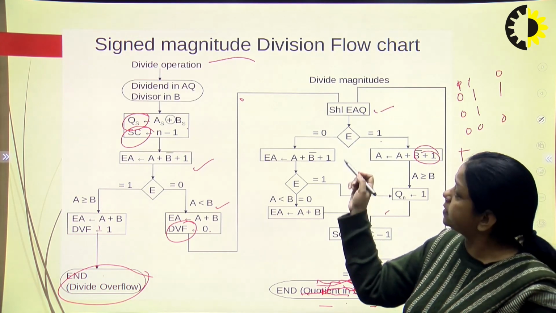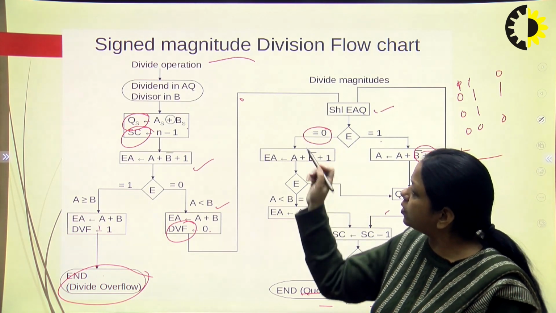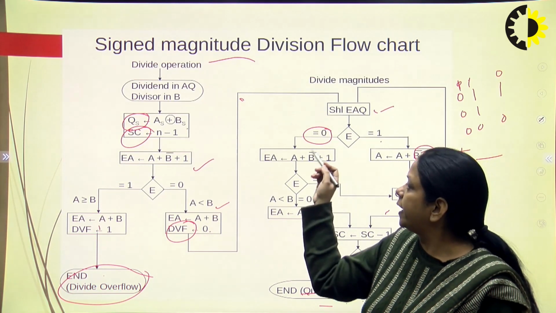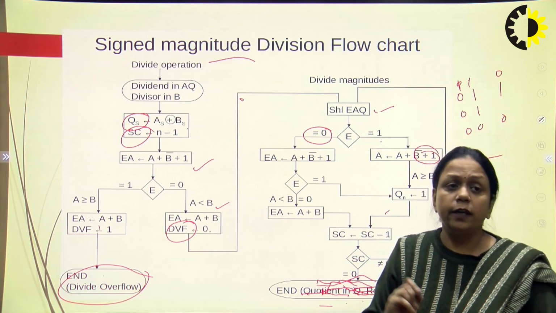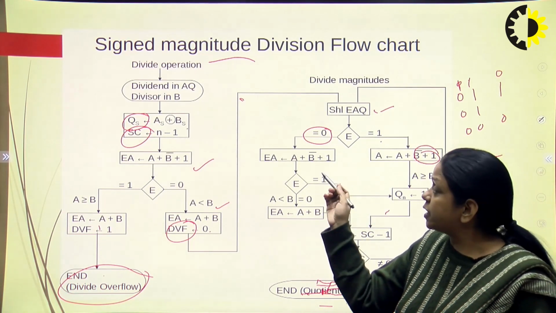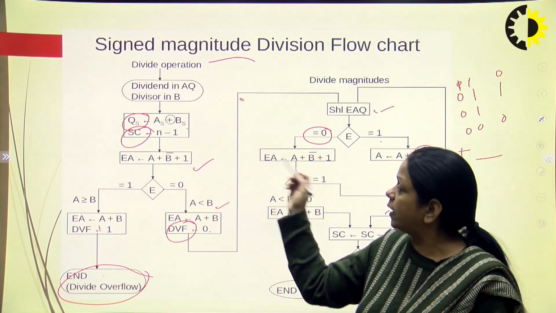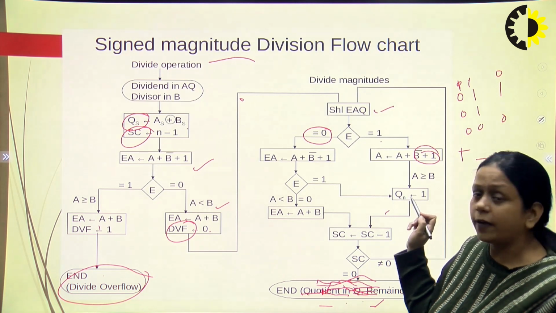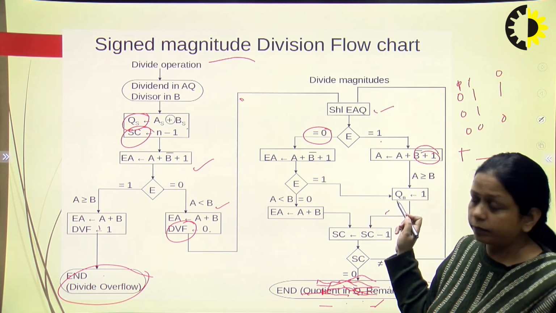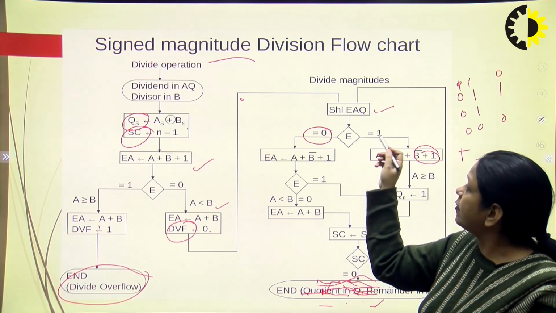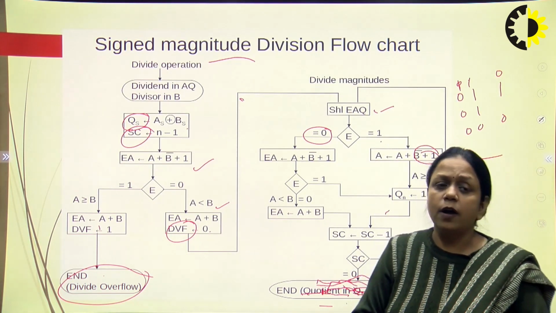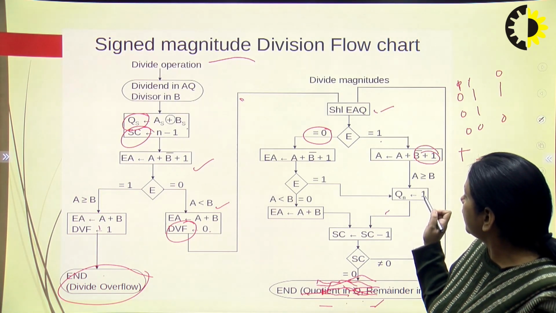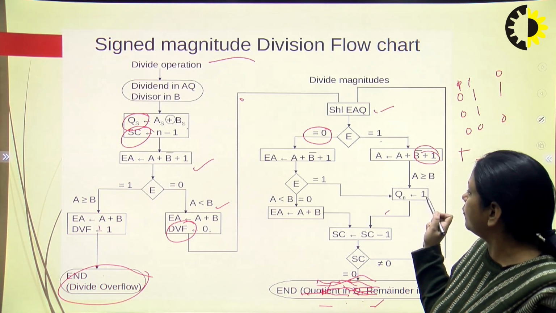In the next case, if the value of E is equal to 0, again we will subtract the value of B from A. Then after the subtraction, if the value of E is equal to 1, then the value of Qn will be 1. In this case, the value of E is already 1, so after the subtraction also, we will keep the value of Qn as 1.